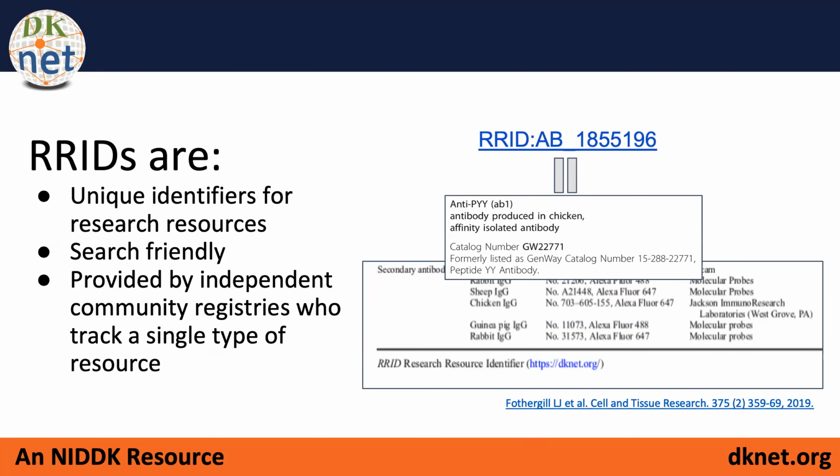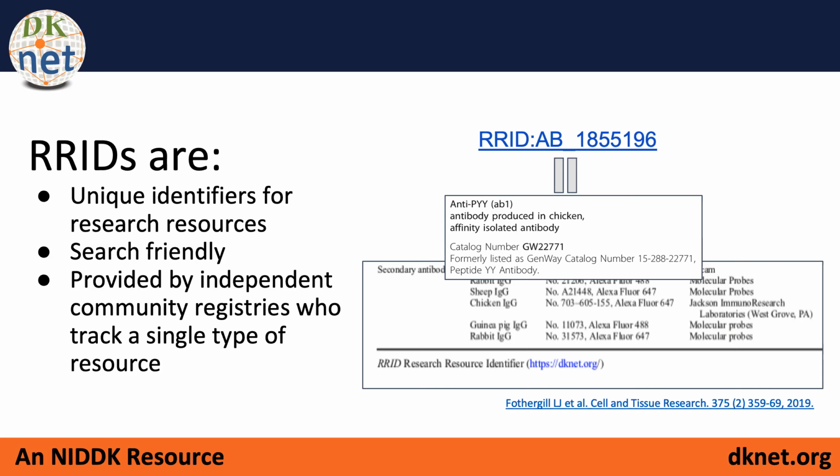And so this is where the advent of RRIDs comes in. Research resource identifiers are unique identifiers for research resources described in the method sections of papers. They're meant to be search friendly, and they're provided by a number of different independent community registries that track single types of resources.